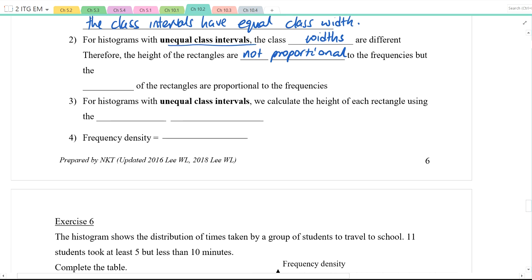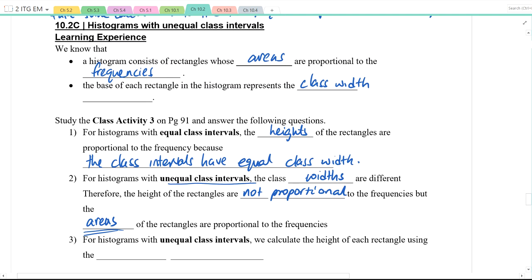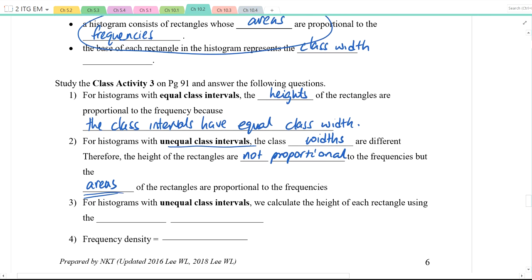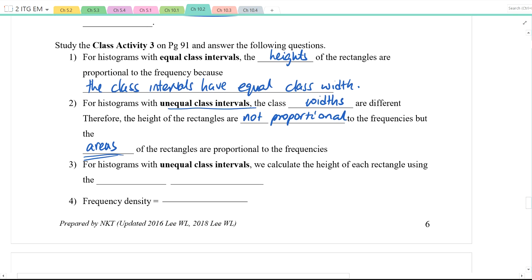Okay, but the areas of the rectangles are proportional to the frequencies. So right from the start, we mentioned that the areas are proportional to the frequency. Okay, we didn't mention anything about height. It's just that so far everything looks like height is proportional because we have been dealing with histograms with equal class width.